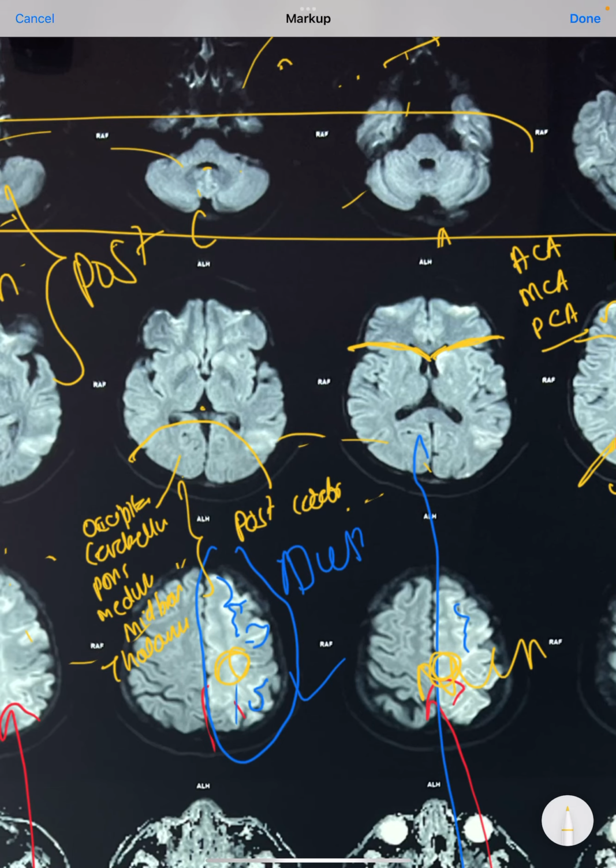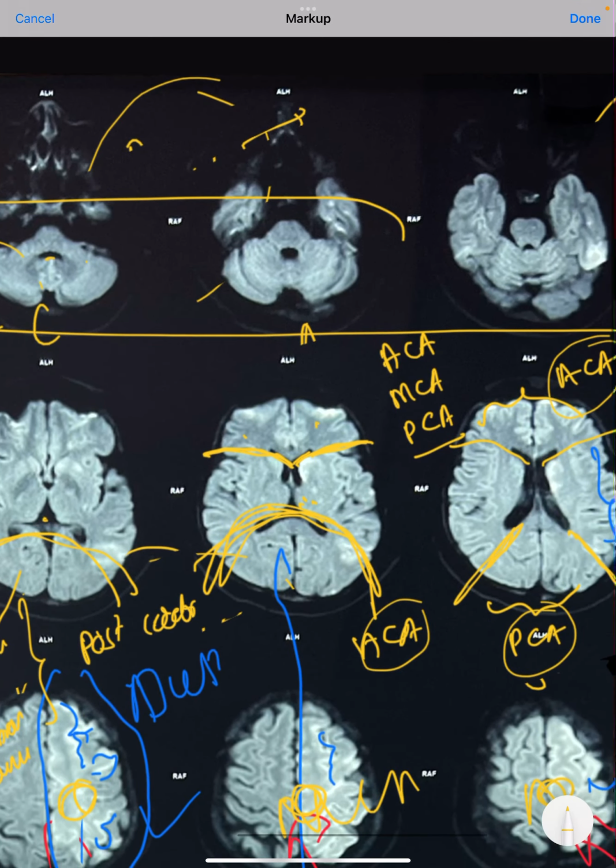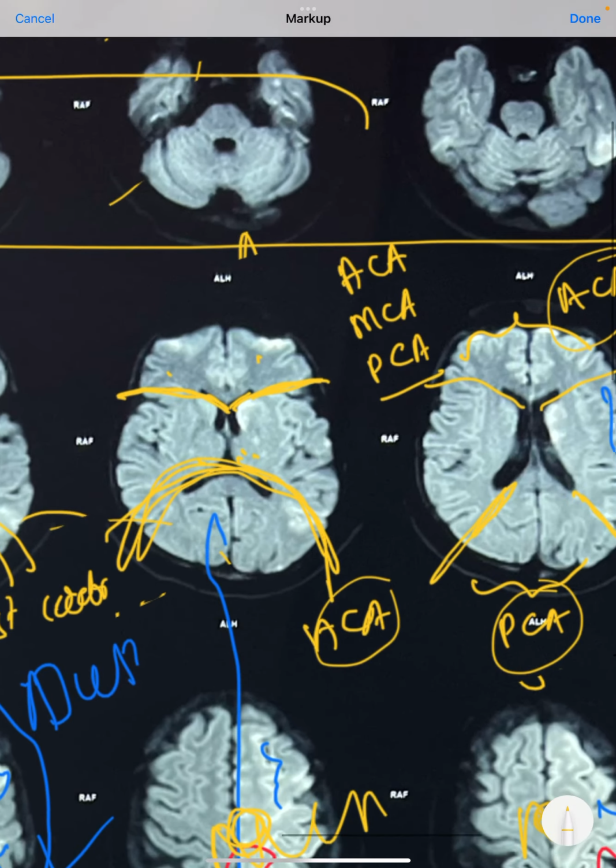So the occipital area and the thalamus are the structures supplied by the posterior cerebral artery, whereas anterior cerebral artery almost supplies the bilateral frontal lobes and some portion of the parietal lobe.